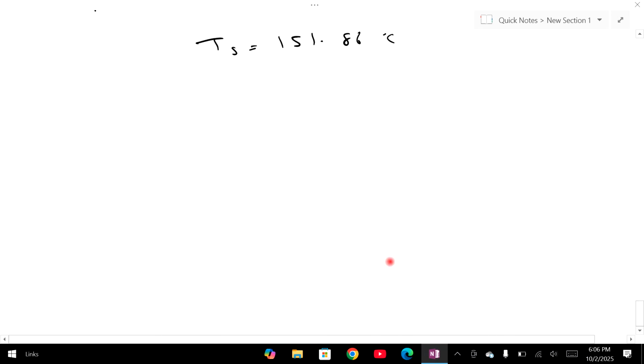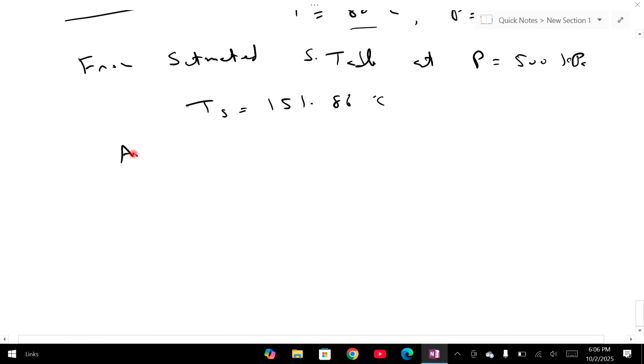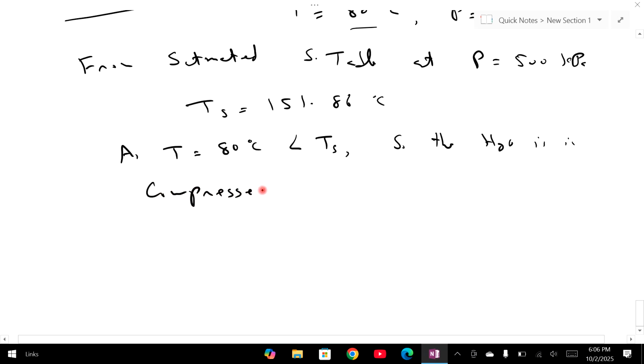So as the temperature given to us, equal to 80 degrees centigrade, is less than Ts, the water is in the compressed liquid region. So we will use the compressed steam table for finding enthalpy.